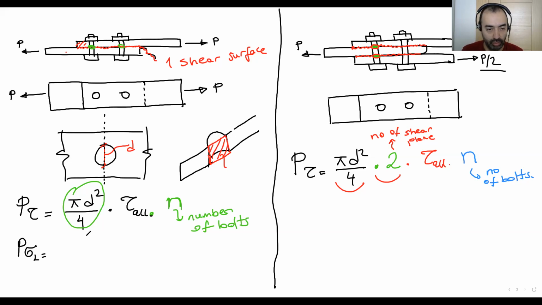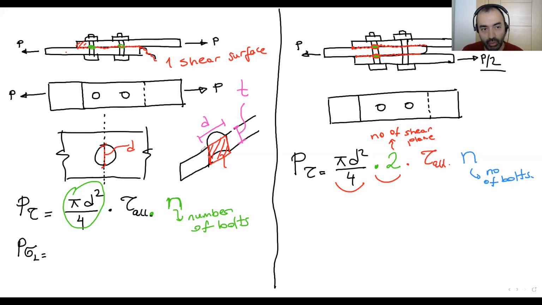So what we are going to do is calculate this area times the allowable stress. How can we calculate this area? This is D. Here, the thickness of the plate, T. But which T?